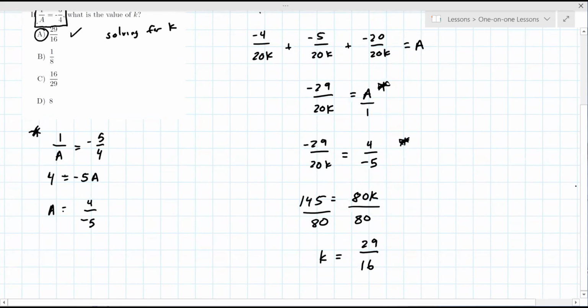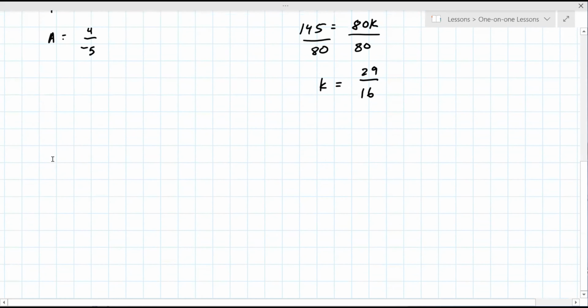All right. So there's a couple really important things here that I want to mention. So we got to this step right here. So I'm going to copy this. And these are the kinds of things that will save you time on the test that they don't necessarily emphasize, but they really will save you time.